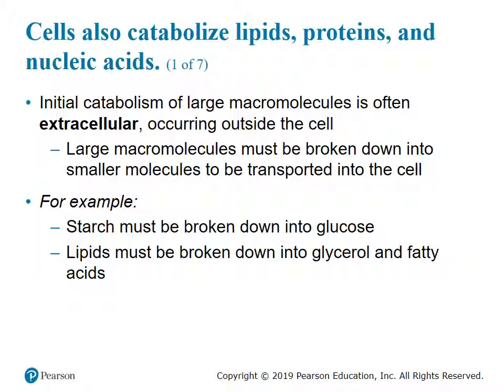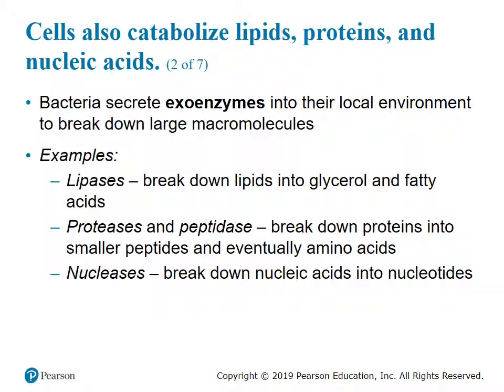All right, so I just want to talk really quick on these. Organisms can also break down lipids, proteins, and nucleic acids, so it's not only carbohydrates. Organisms can break down these other macromolecules as well. Bacteria can secrete exoenzymes, which means they secrete enzymes out of themselves into the environment, and their goal is to break down the large macromolecules.